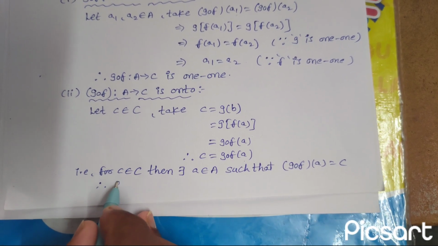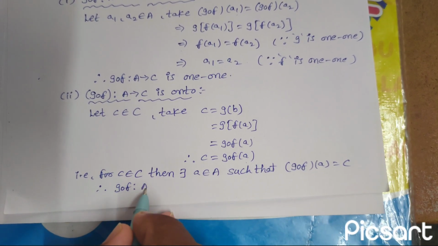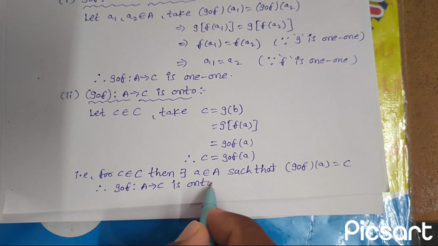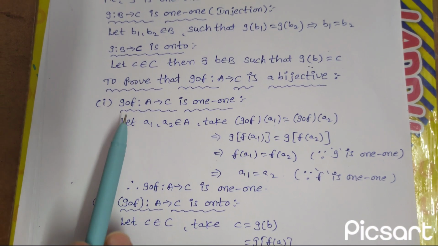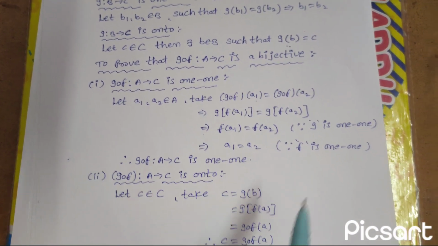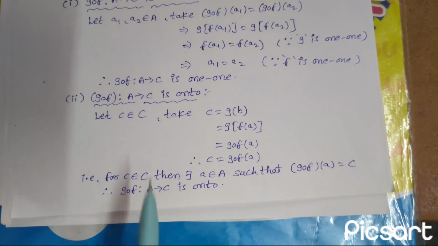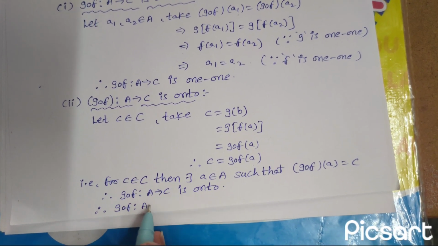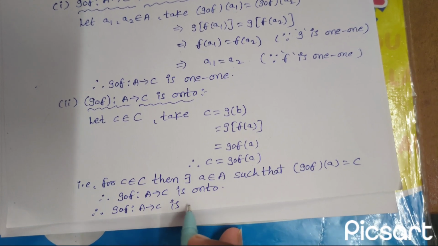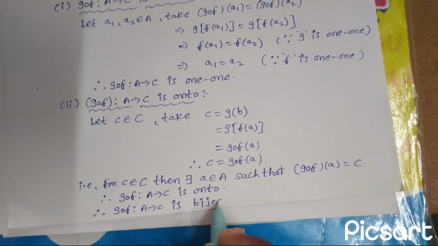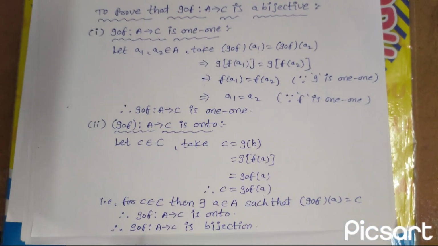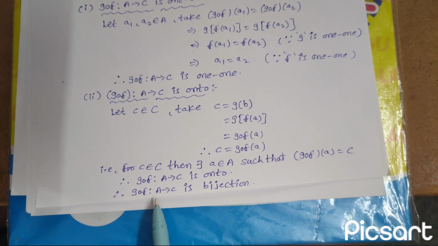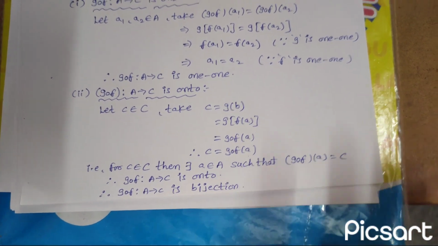So g circle f from capital A to C is an onto function. So the composite function g circle f is a one-one function and also onto function. So g circle f from A to C is a bijection.